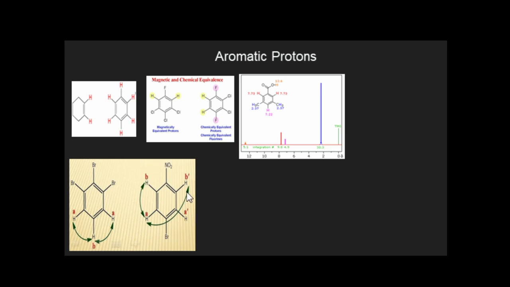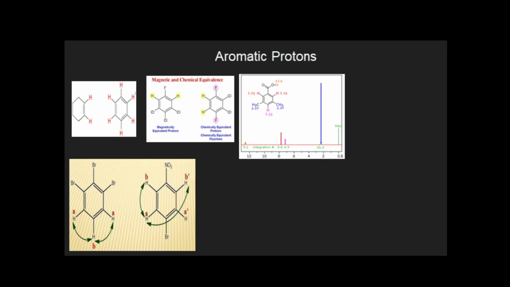For this compound, these 2 protons are different, this proton is different. These 2 are ortho substituted to this bromine. Here this proton is para substituted to the bromine atom. So these are different and show 2 peaks in the NMR spectrum.